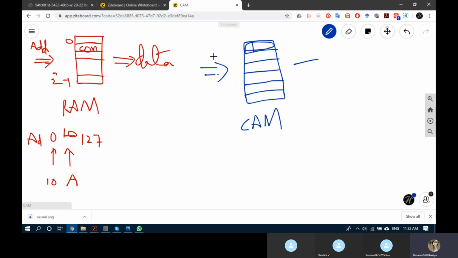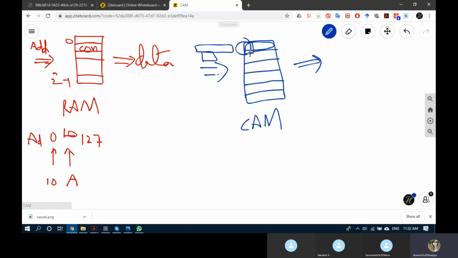In order to get this data element out, what do you have to specify as input? Either the entire data element or part of the data element. You can specify only this part and get the data element, or you can specify the whole of it.